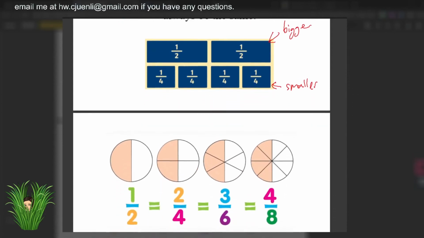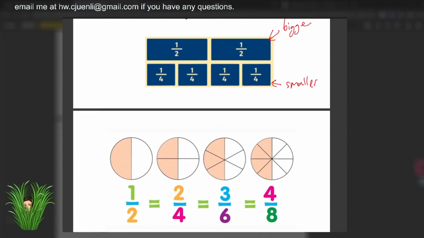Let's look at another example. You have 1 over 2, 2 over 4, 3 over 6, and 4 over 8. As you can see, the shaded part is all cut into half. 1 over 2 is one part, which is already half. For 2 over 4, you need to shade two parts to get half.